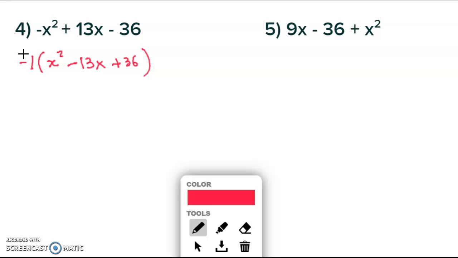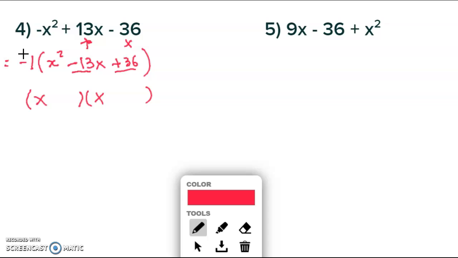When I deal with the negative, yeah, that gets a little bit more tricky. So then again, I am looking for the sum of the two numbers to be negative 13 and the product to be positive 36, where I start by putting my parentheses, x here and x here.